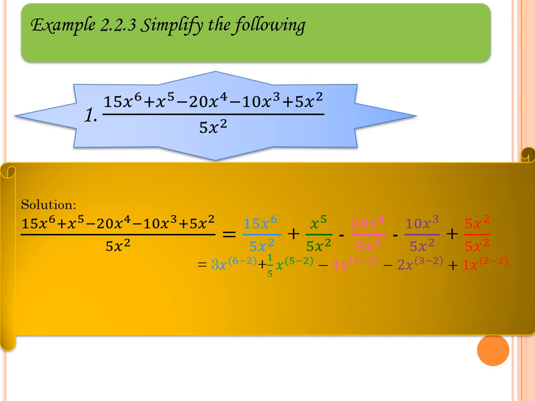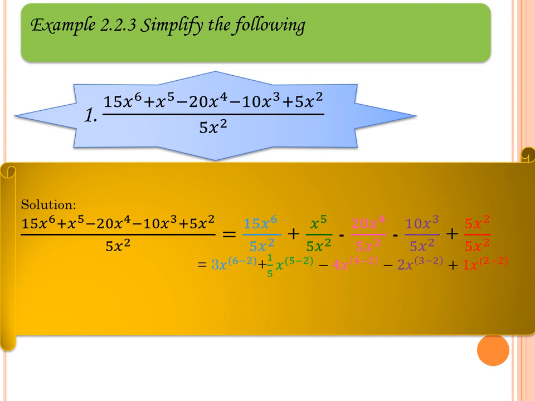Minus 20x to the power of 4 divided by 5x squared is just equal to 4x to the power of 4 minus 2, since 20 divided by 5 is equal to 4, and x to the power of 4 divided by x squared is just equal to x to the power of 4 minus 2.